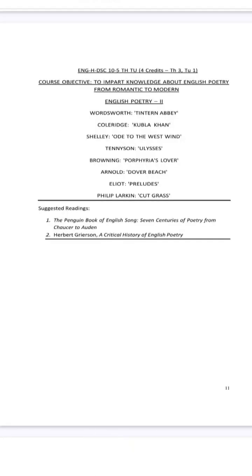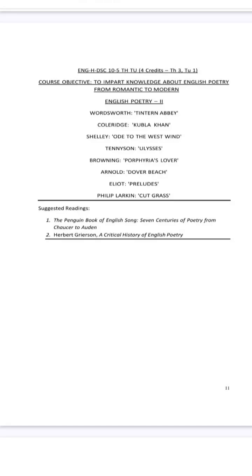The second paper you have in the 5th semester is English Poetry 2, Romantic to Modern Poetry. This paper traces poetry right from Wordsworth and Coleridge to poets like Eliot and Philip Larkin, covering the journey of more than a century and a half.